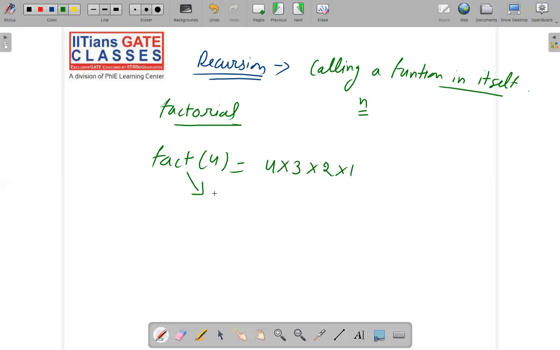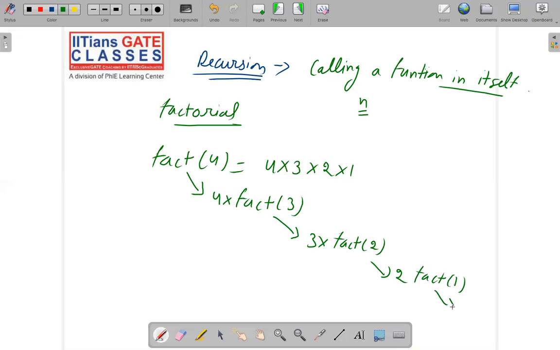Factorial 4 can be written as 4 multiplied by factorial 3. And factorial 3 can be denoted as 3 multiplied by factorial 2. And factorial 2 can be written as 2 multiplied by factorial 1. And factorial 1 can return 1.